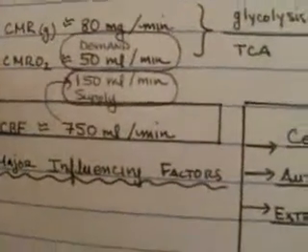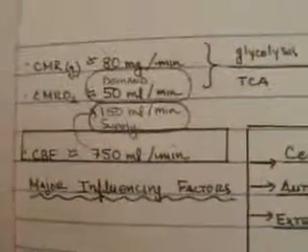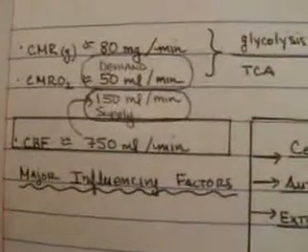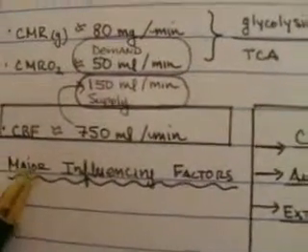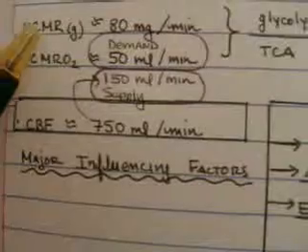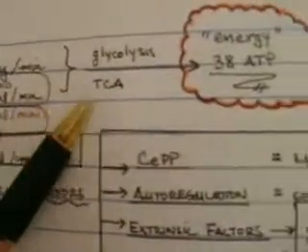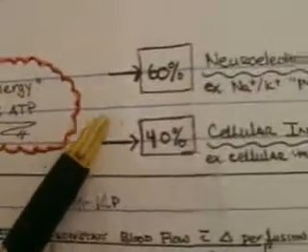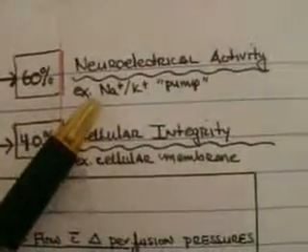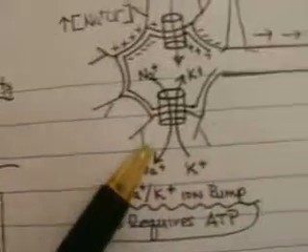The way the brain receives these major components is through the blood. So we'll focus on what factors regulate cerebral blood flow in order to supply the brain with adequate glucose and oxygen so that all this cellular activity can take place to create the energy, which is ATP, to maintain the neuroelectrical activity and cellular integrity of the brain tissue.